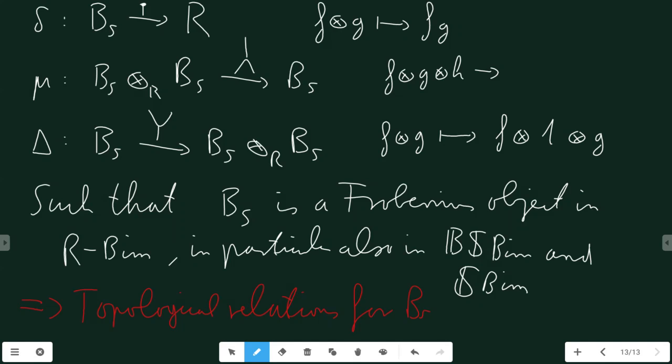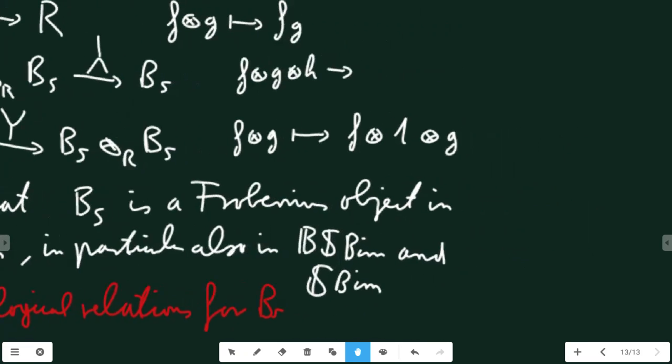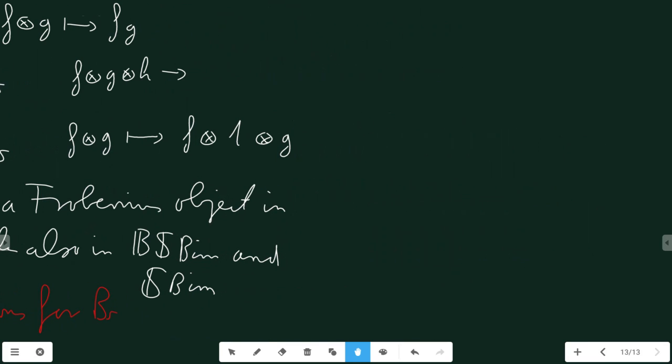So what I'm using here is the following little trick. Whenever I have a B tensor A, and we consider that in the category of B bimodules, you have two copies, let me just bracket them.